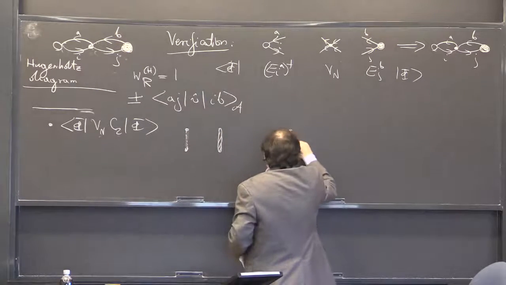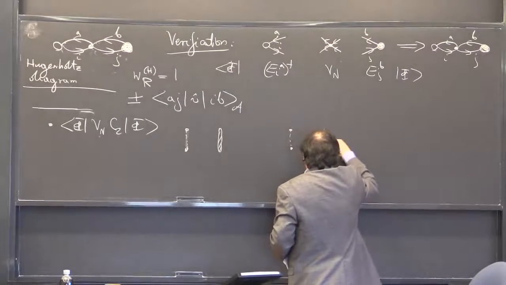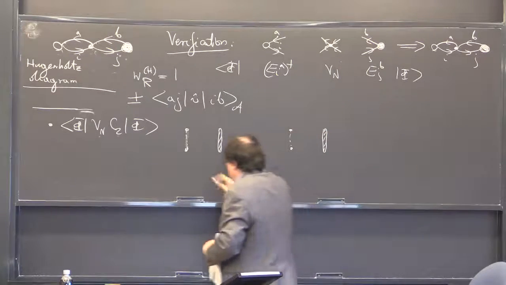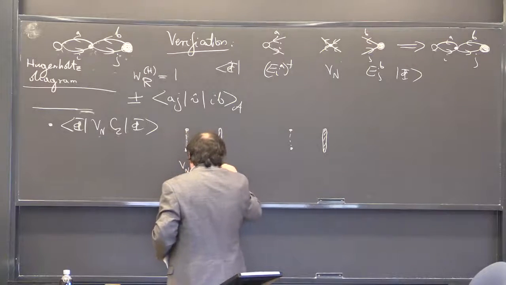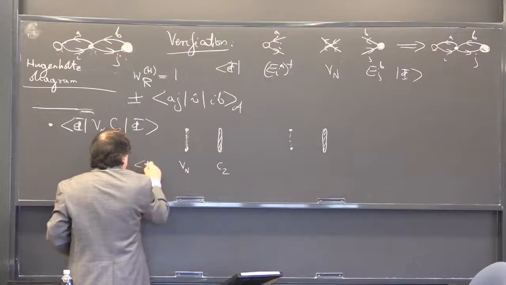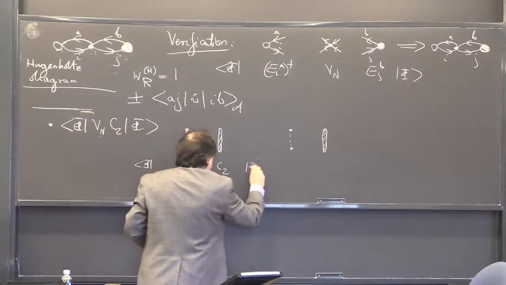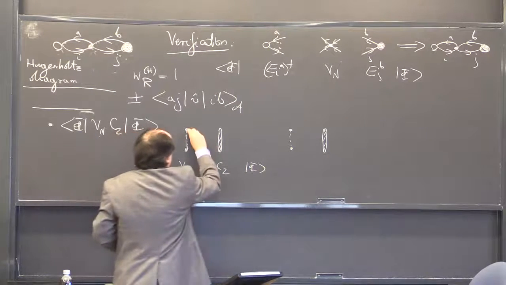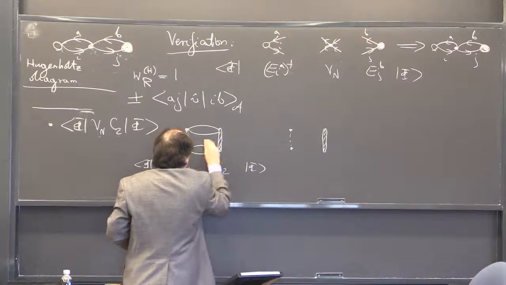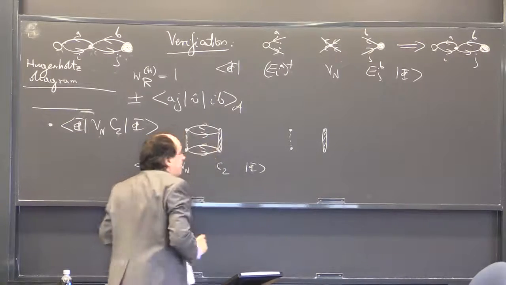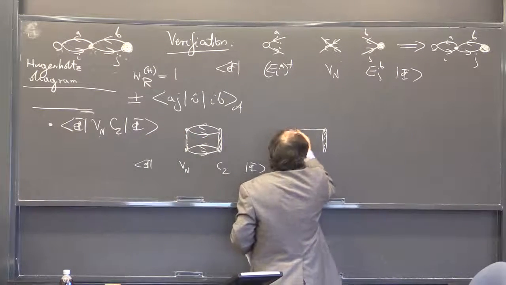Let's make consistent two vertices. The vertex on the left is V_N, the one on the right is C2, and you have to close it with a phi. Okay, the first diagram has two loops. The second diagram has one loop.